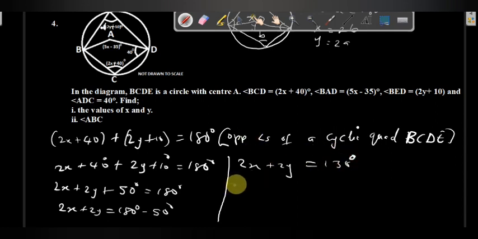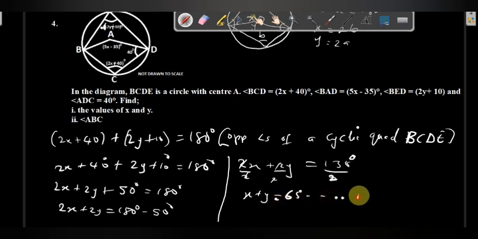We can simplify this to make our work easier, so I'm going to divide both sides by 2. So I have x plus y is equal to 130 divided by 2. That's 65. So we can call this equation 1.